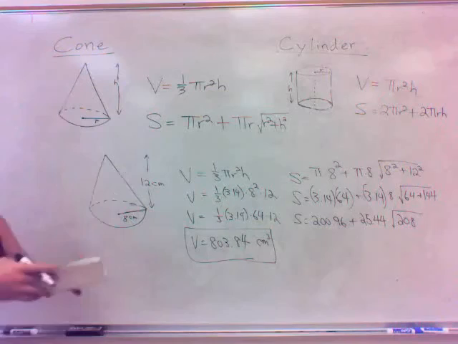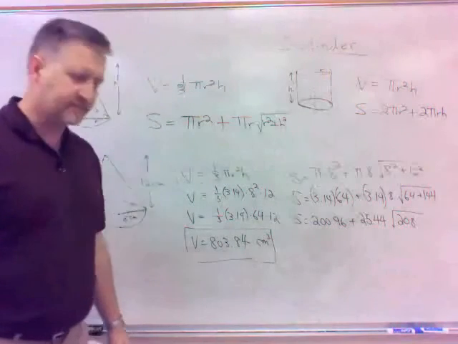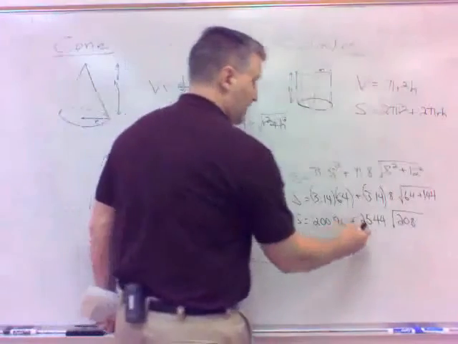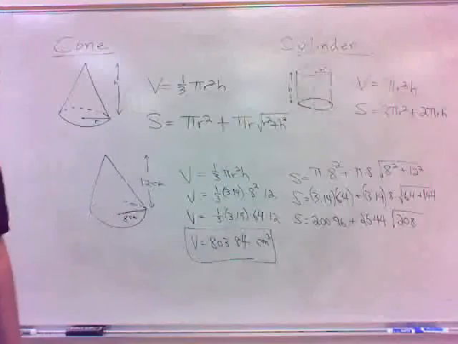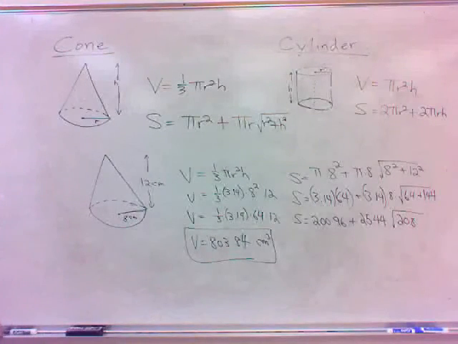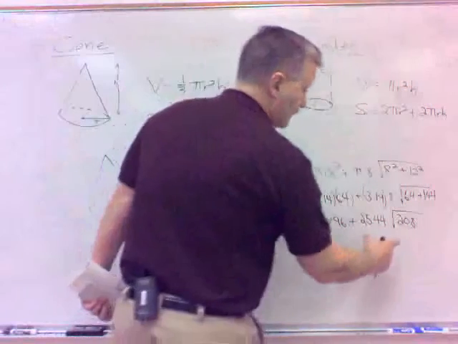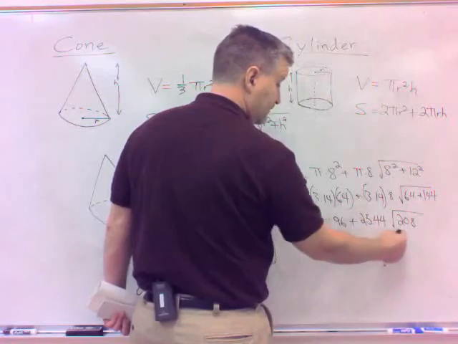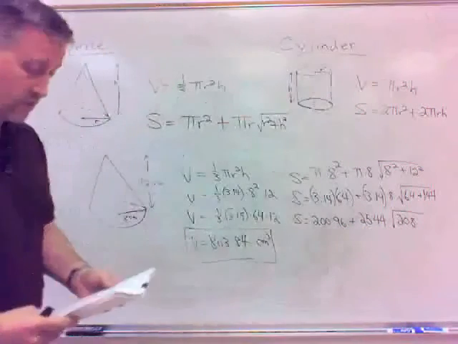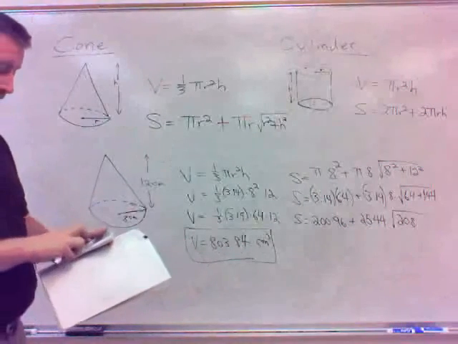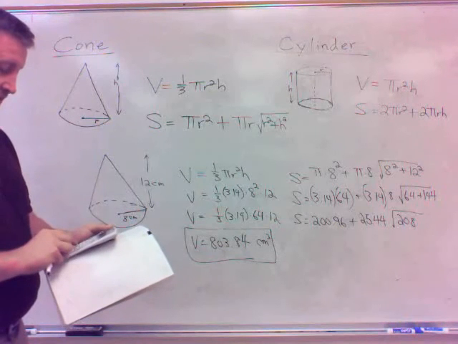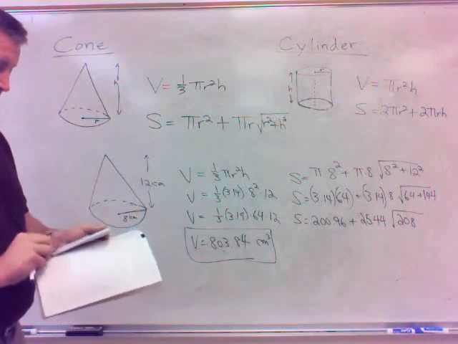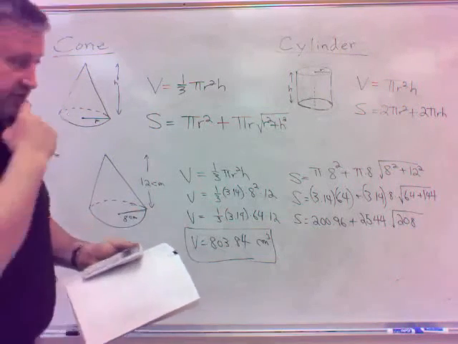One thing we should point out here is the next step in the order of operations. We've got plus, we've got times. Times comes before, so order of operations wise, I'm going to multiply 25.44 times the square root of 208. First of all, the square root of 208, that's about 14.42.